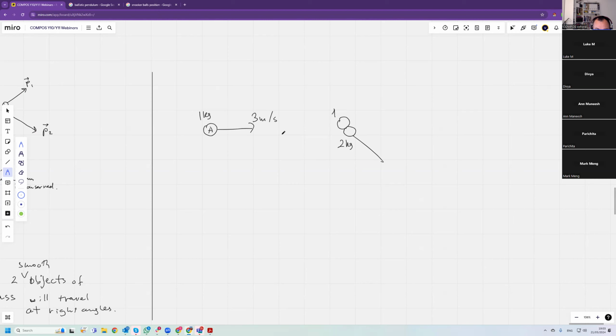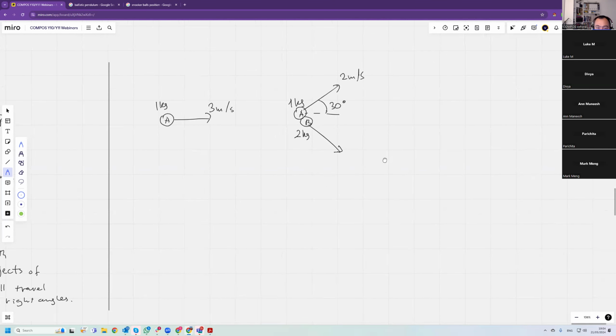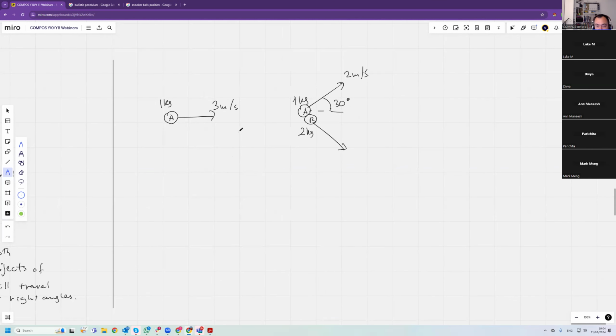So this is ball A, and this is ball B. Now, 1 kilogram. And let's say this angle is 30 degrees, and this is 2 meters a second. Okay. So what do we do here?